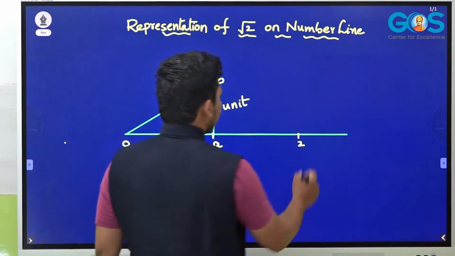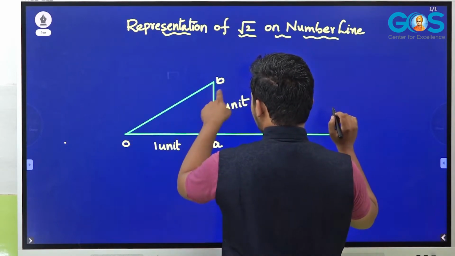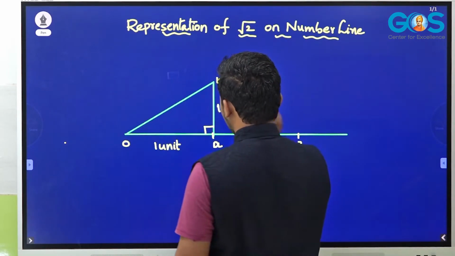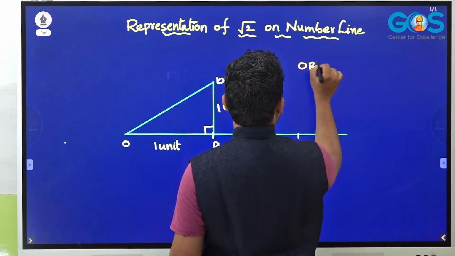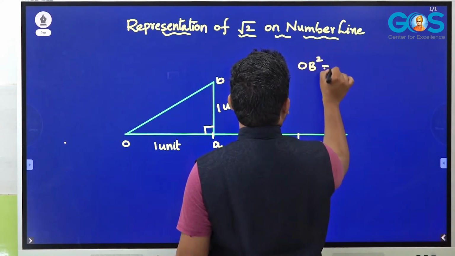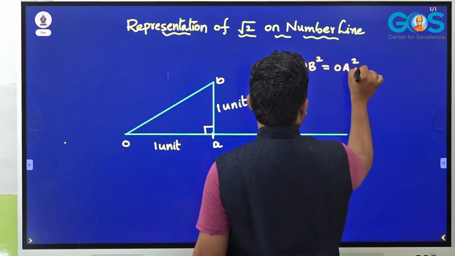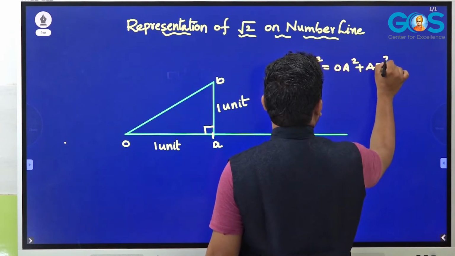Okay, we know the Pythagoras theorem: square of the hypotenuse. In this right angled triangle, the largest side is the hypotenuse, means OB square is equal to OA square plus AB square.